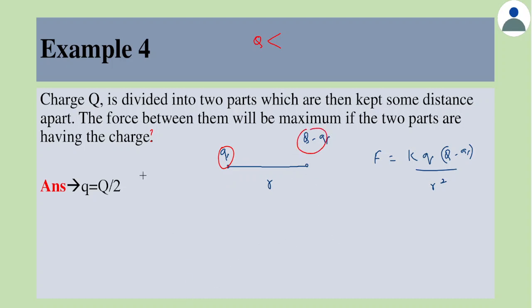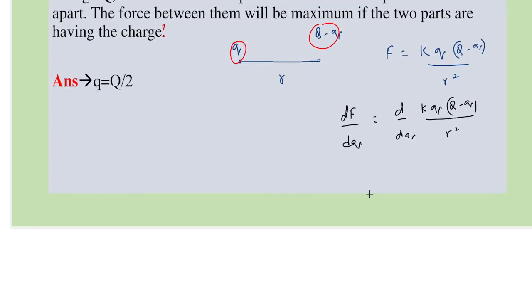So we need to find a differential. To find the differential, we take dF by dq, which is equal to d by dq of K q, capital Q minus small q, by r square. Now from here we'll pull out the constants. So K by r square comes out, and what remains is d by dq of, if you take q inside, capital Q into small q minus q square.